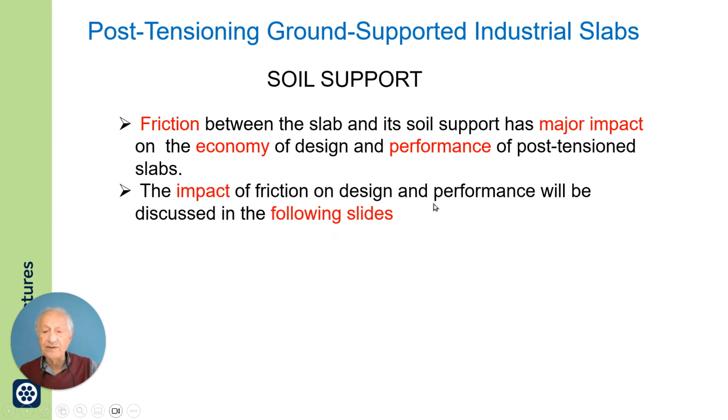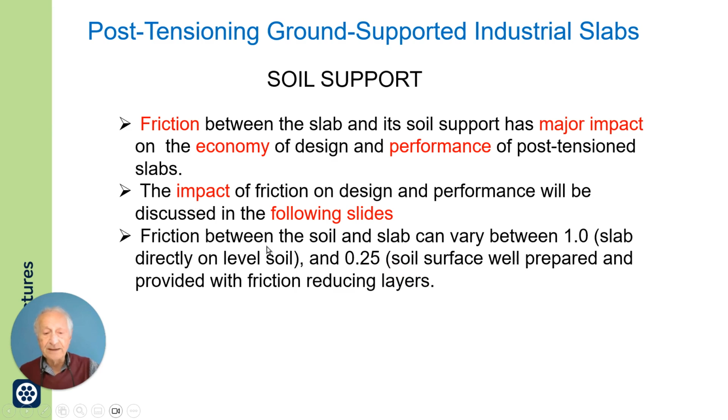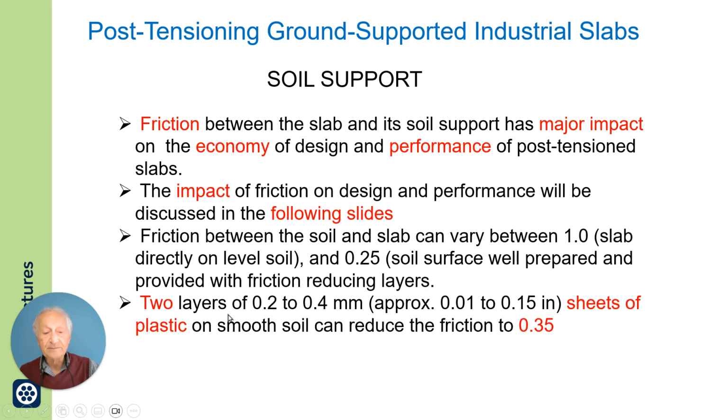Impact of friction on design and performance will be discussed shortly. Friction between the soil and slab can vary between 1, which is very, very high, to 0.25, which is probably the best you can do, rarely achievable. It is tough to achieve 0.25 friction coefficient.